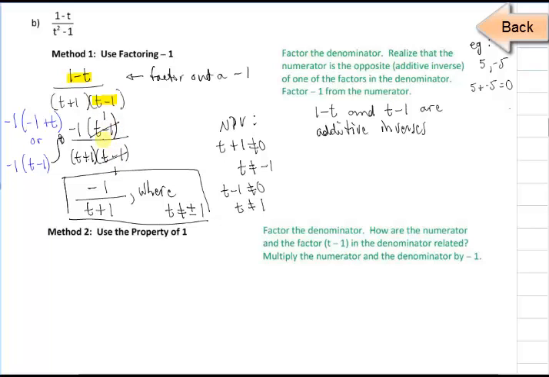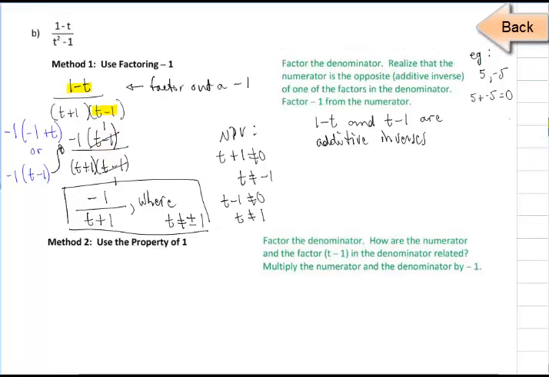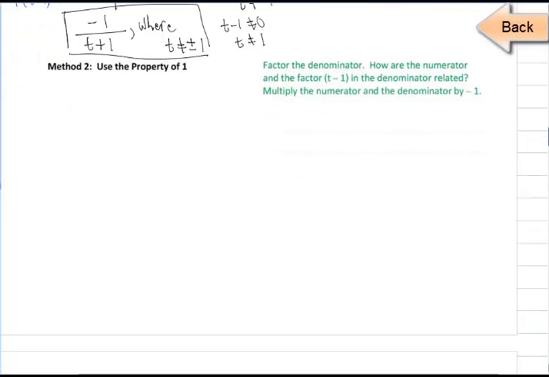All right, in our second method, we're going to use the property of 1. So we're just going to take the question from B and start where we have already factored the denominator.